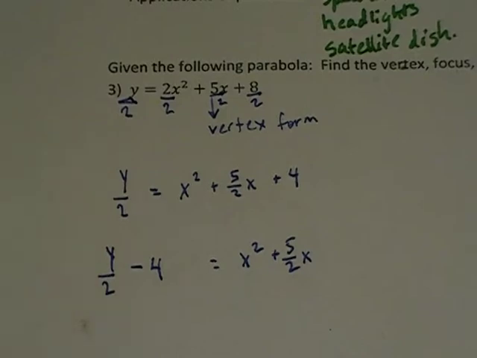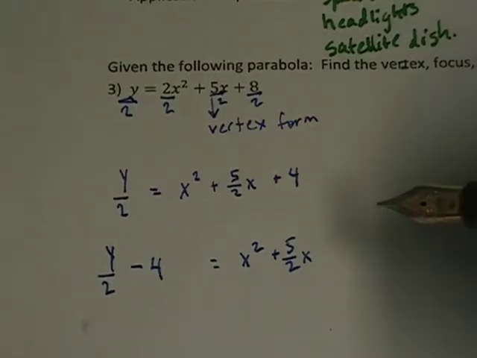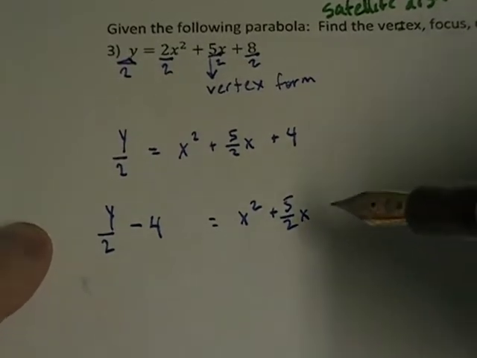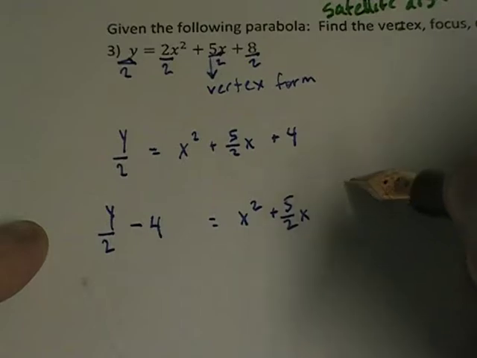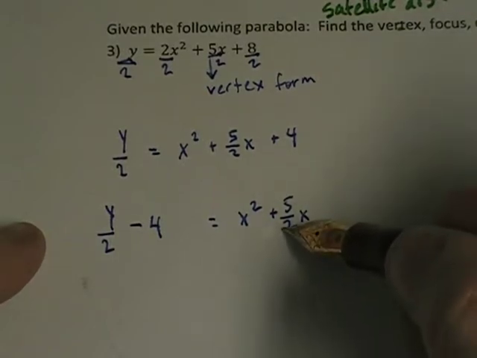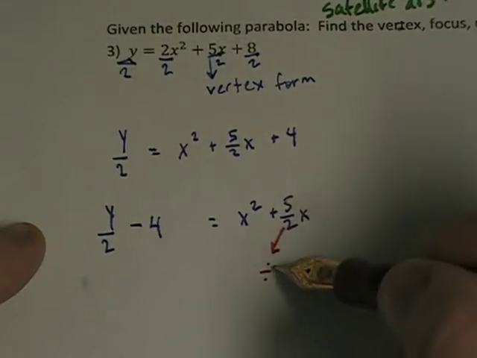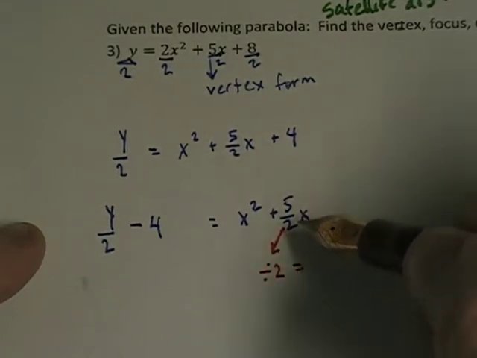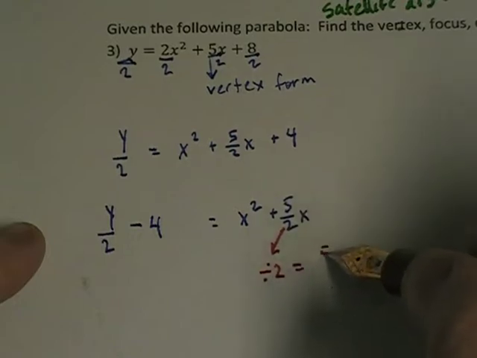Now, we're going to find the magic number. This is completing the square, what I'm about to do. I want to find the magic number that adds to this that makes it factorable. The way we do that is really simple. We take this b term and divide it by 2. 5 halves divided by 2 is 5 fourths.